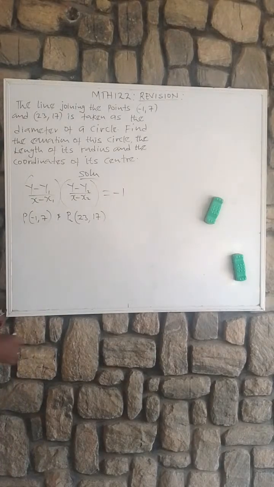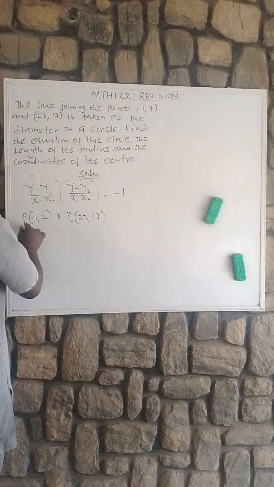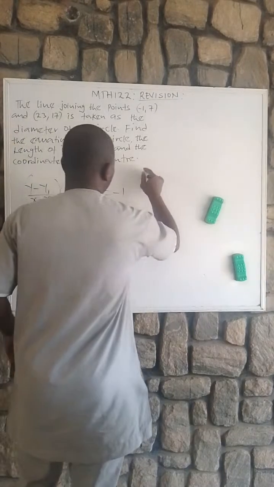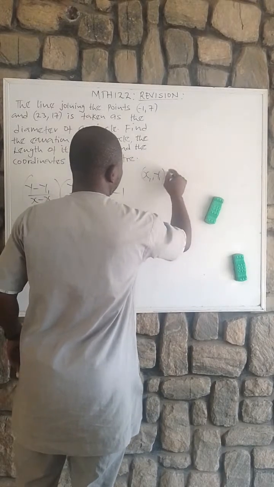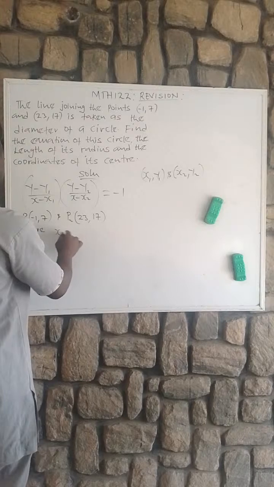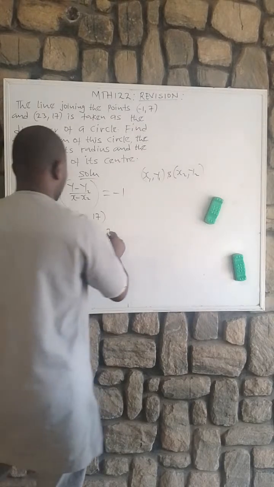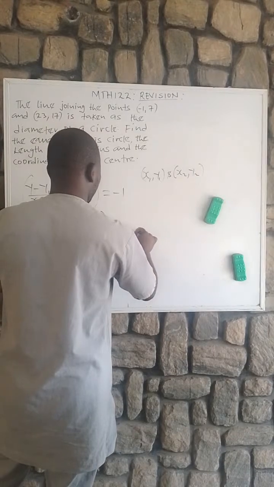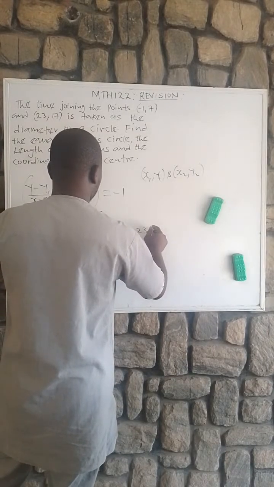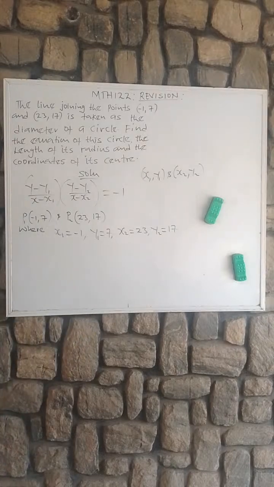So in the coordinates x1, y1 and x2, y2, our x1 is minus 1, y1 is 7, x2 is 23, and y2 is 17. True or false? It's true, right?